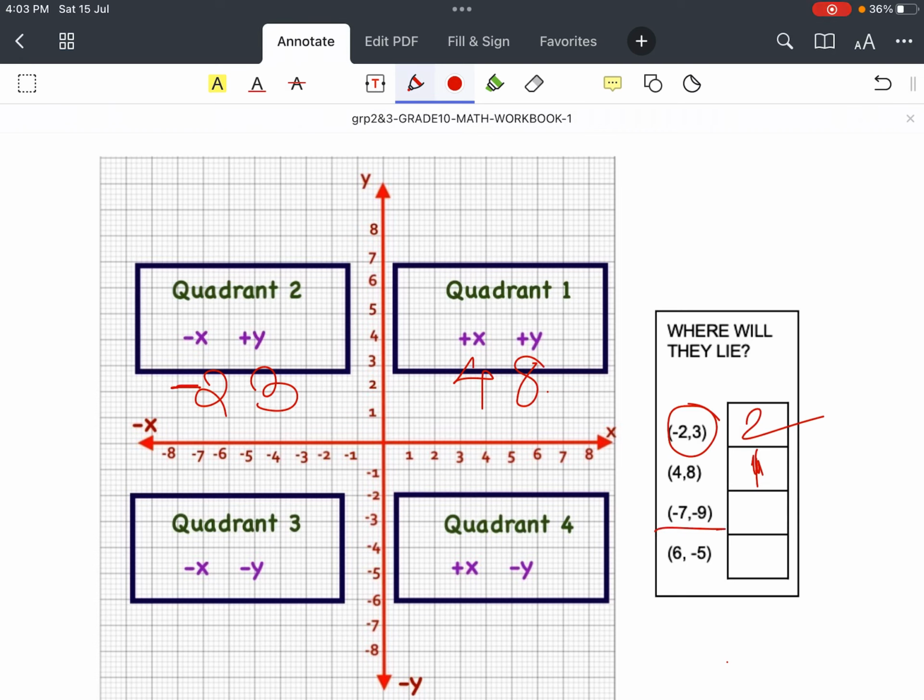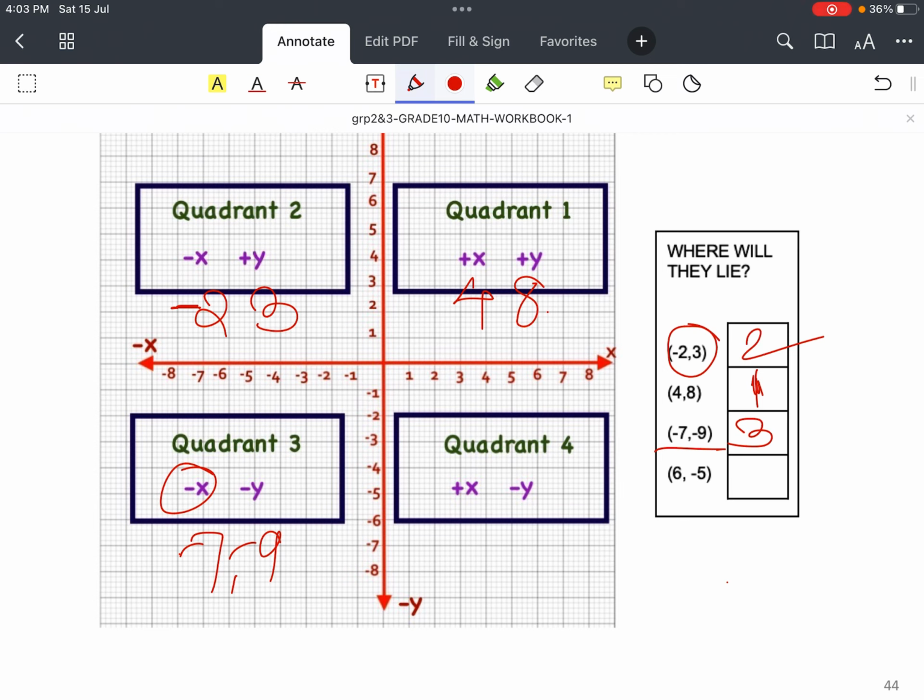Next -7 -9, obviously this is in the third quadrant. And the last one, 6 and -5, so definitely x is positive and y is negative, which is in the fourth quadrant. Clear है? So likewise we have to complete this table.